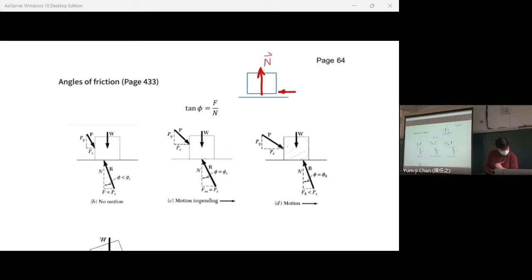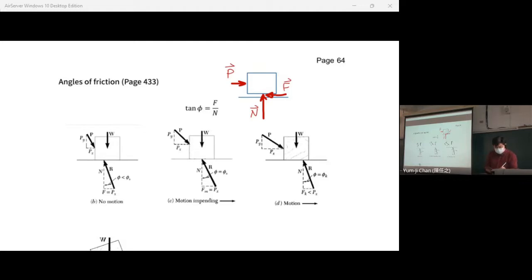Sorry, I should draw it below here. And the friction, I draw it here. This is P, and this is F, and this is N. So please draw it on the bottom right hand corner.